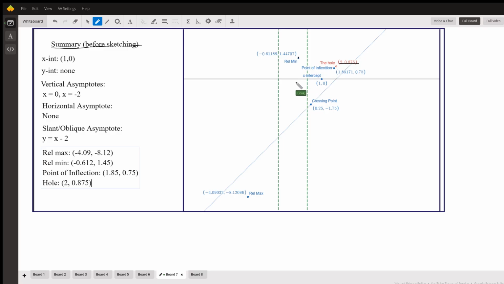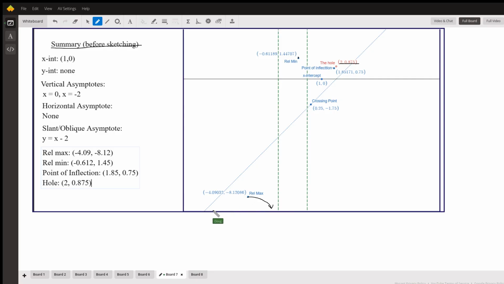Okay, so this allows you to start sketching the curve. As for the branch to the left of the green dashed line, the left green dashed line, this is a relative maximum. So the curve must be going down here. And as it approaches its vertical asymptote from the left, it approaches negative infinity.